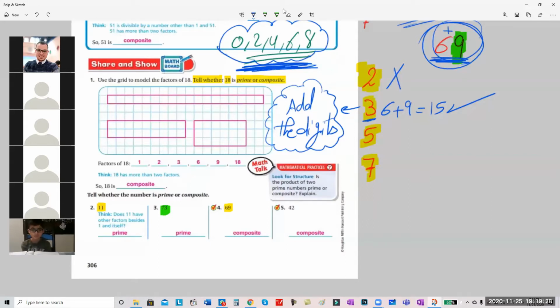But it works with 3, right? Yeah. So if it worked with one number, it will be a composite number. Thank you so much, my dear. Great job, Sulaiman.